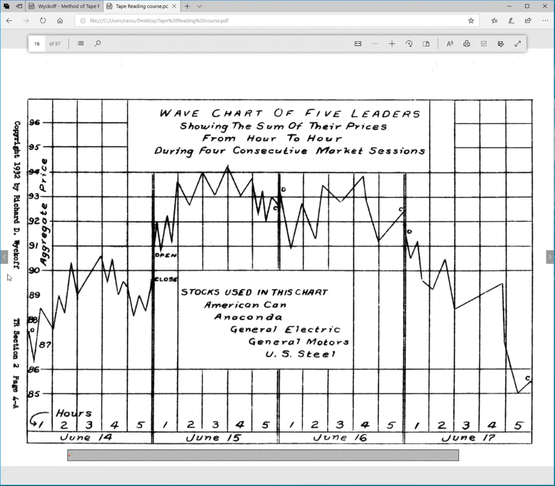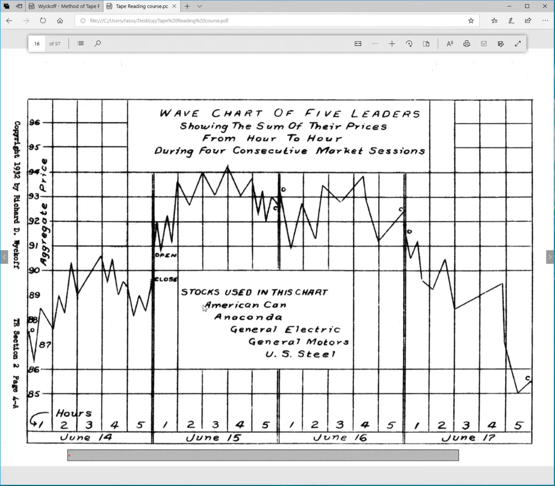For tape reading he uses a 5 minute chart, but this one is an example of him using an hourly chart for the wave chart.